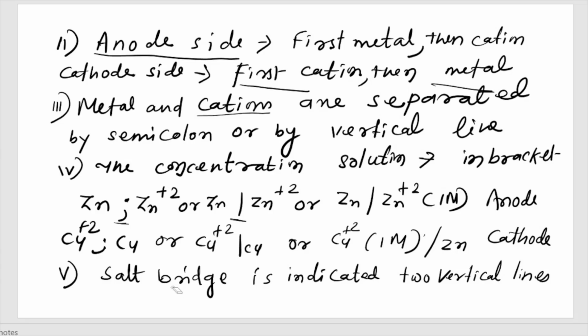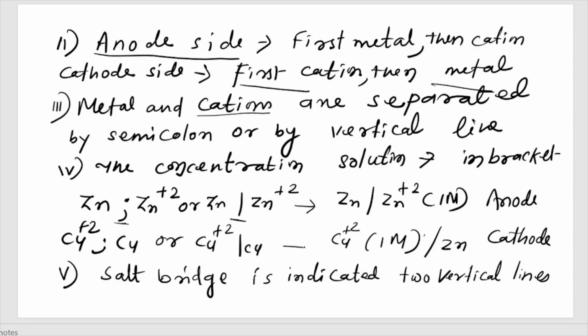Concentration means M, molarity. You represent semicolon or oblique, and after that the concentration. So you represent Zn, vertical line, and that is good. You represent it like this.